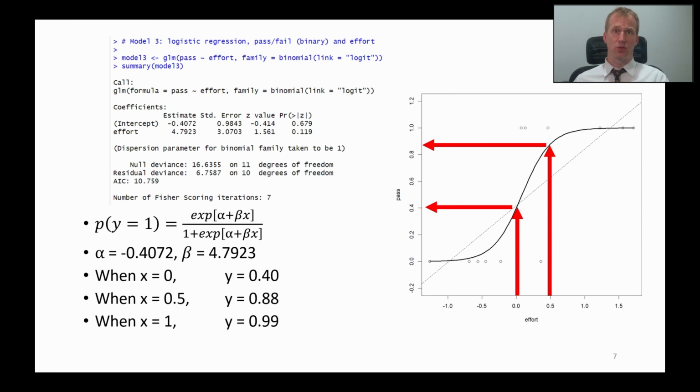And when x equals 1, we get a predicted probability of 0.99 for y. Note that we make the same change to x, adding 0.5 each time, and get very different outcomes for y. We refer to this as non-constant marginal effects of x on y. Logistic regression does not have a straightforward linear relationship between inputs and outputs like OLS linear regression.